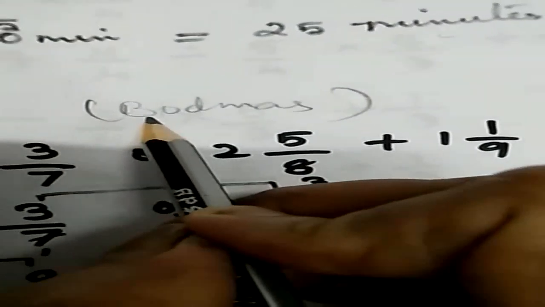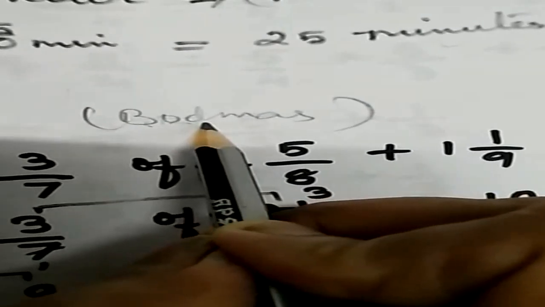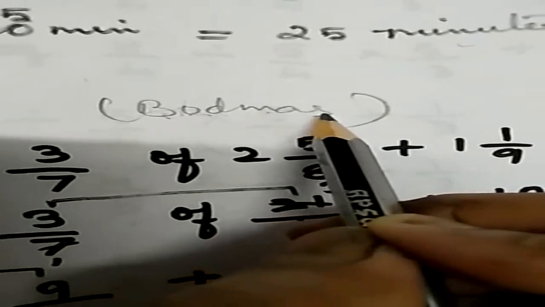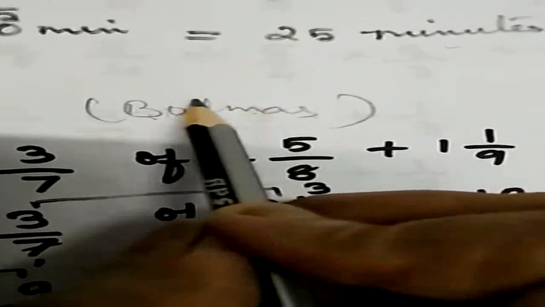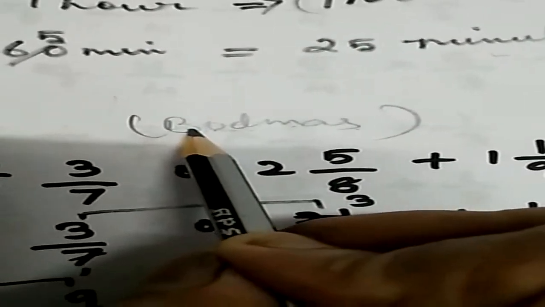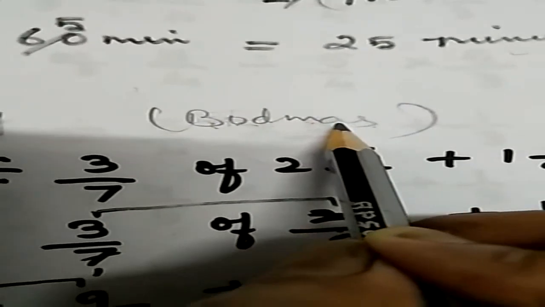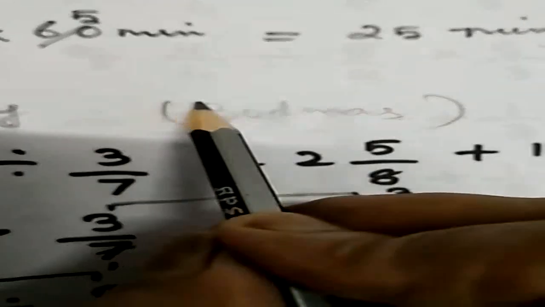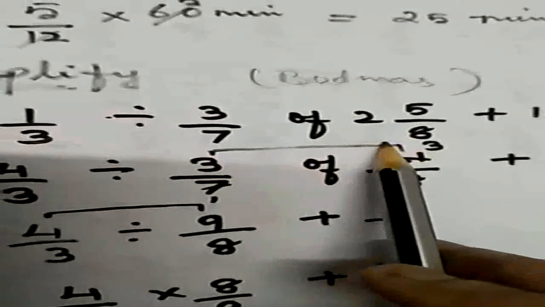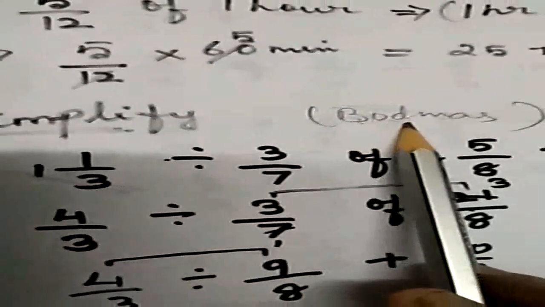B stands for bracket, O stands for of, D stands for division, M stands for multiplication, A stands for addition, S stands for subtraction. So one by one you have to go on solving. First you will solve the bracket, then of, then division, then multiplication, then addition, then subtraction. You have to solve it in this manner. When division, multiplication, of, plus, minus are all given together, you have to apply this BODMAS method.